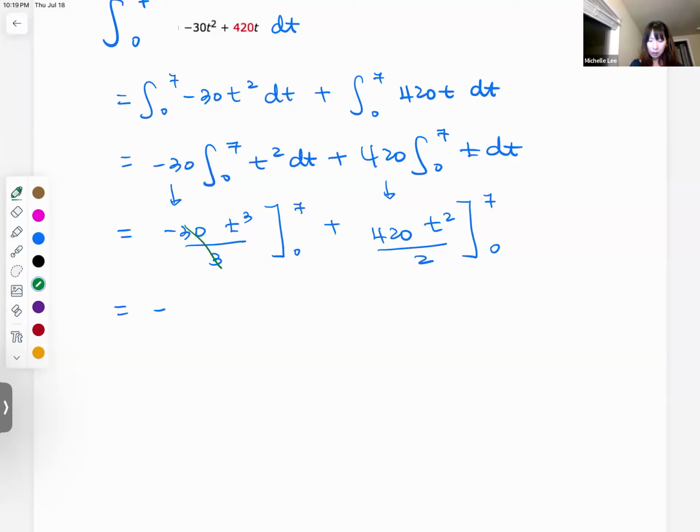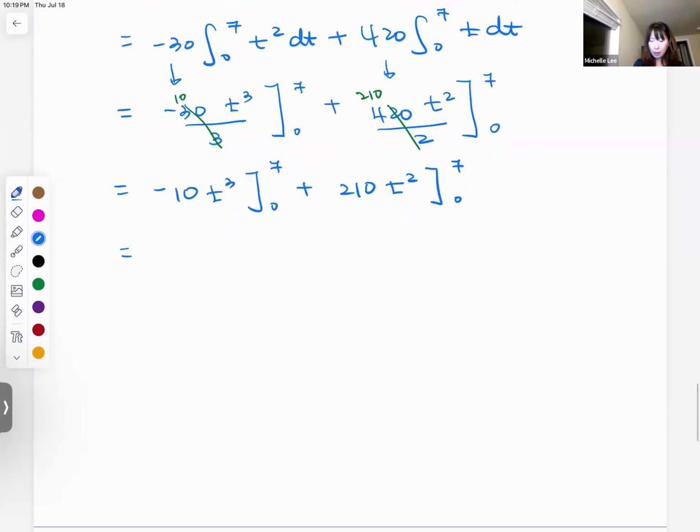Okay, so we simplify: negative 30 over 3 is negative 10, so negative 10 t to the third power from 0 to 7. We simplify this to 210, so we have 210 t to the second power from 0 to 7.